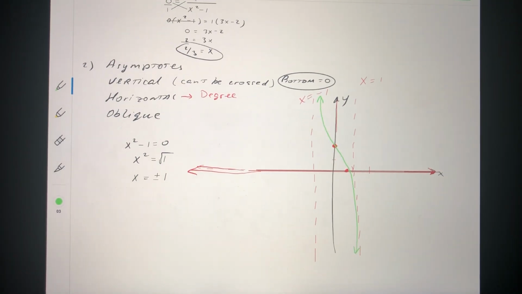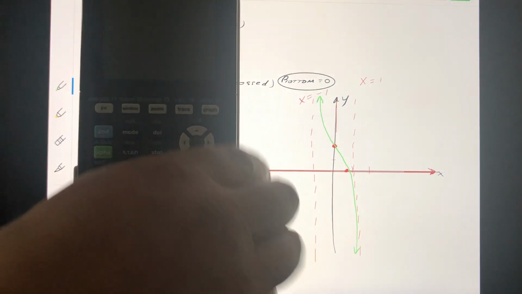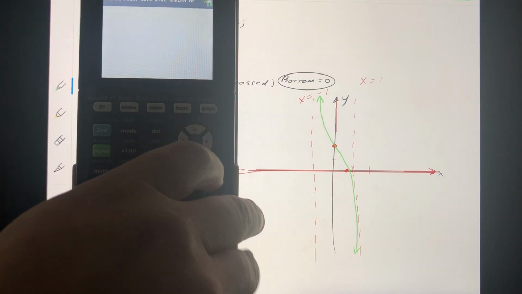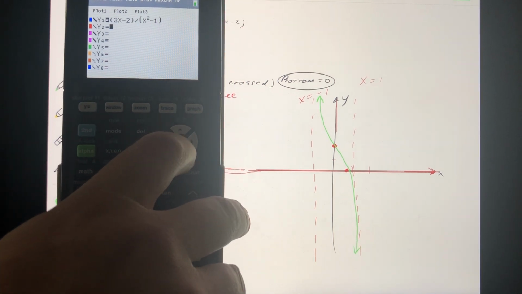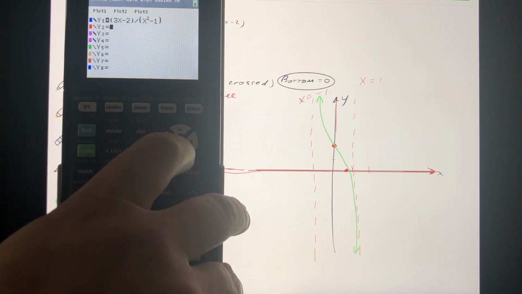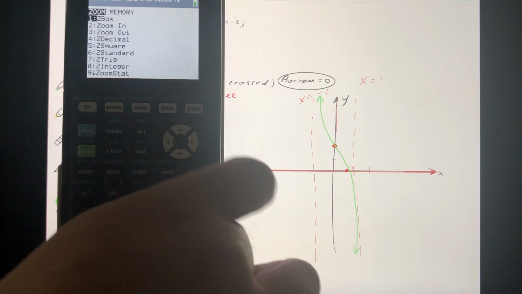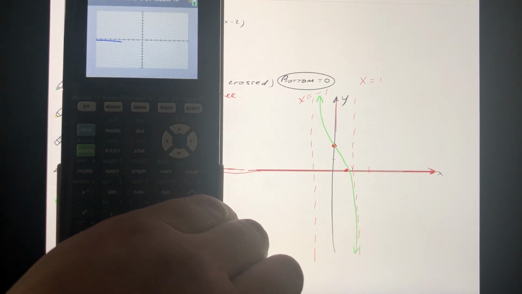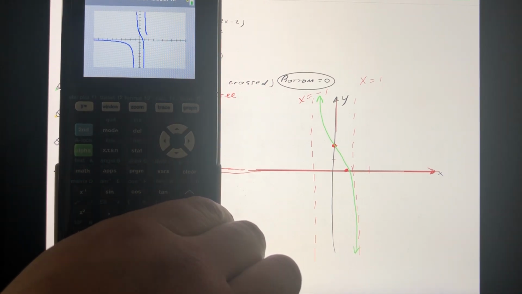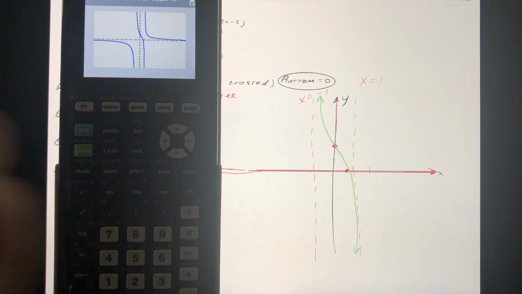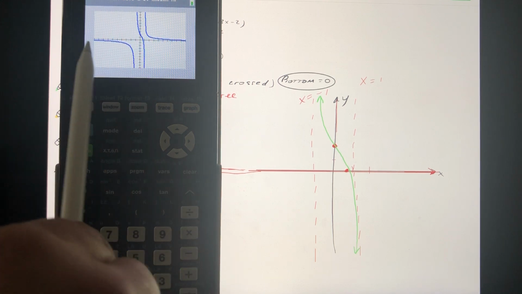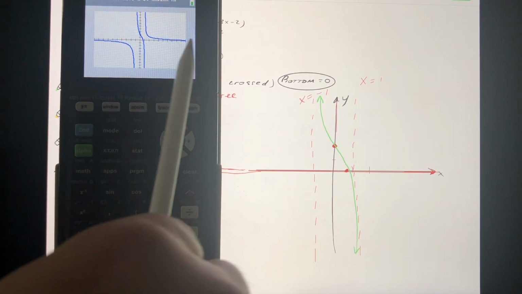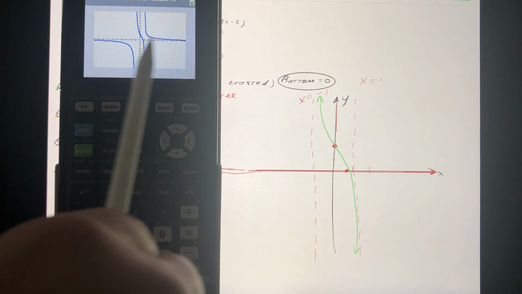Here is the graphing calculator, and here is the equation already typed in, (3x minus 2) over (x squared minus 1), and let's look at a picture. Here comes the left side and the right side. We can see that the graph breaks here at negative 1 and at 1, and it gets really close to our horizontal asymptote, y equals 0.